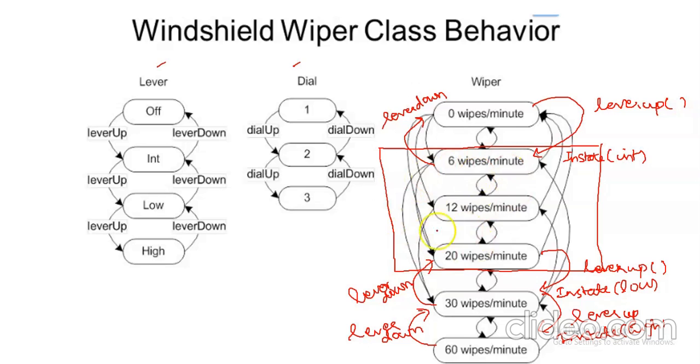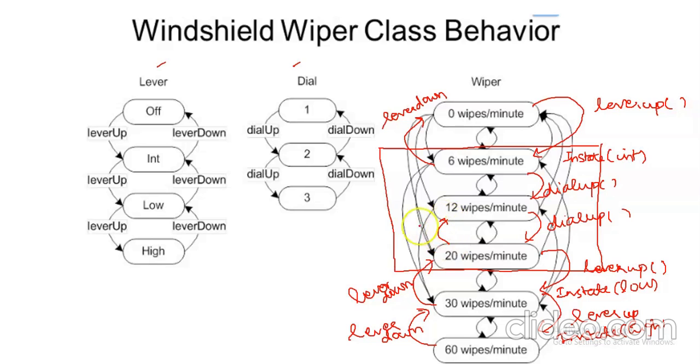How do 6, 12, 20 occur? We got 0 to 6, 20 to 30, and 30 to 60. How do we traverse this? If this state is the intermittent state, I have covered it in a box. In the intermittent state, we have 3 speeds: 6 wipes per minute, 12 wipes per minute, 20 wipes per minute. 6 to 12 occurs when I call dial up. 12 to 20 occurs when I call dial up.